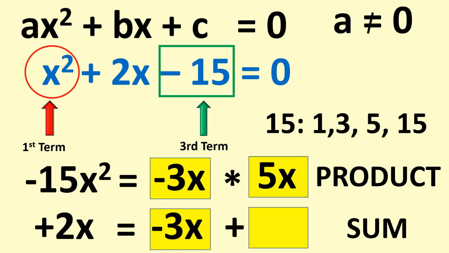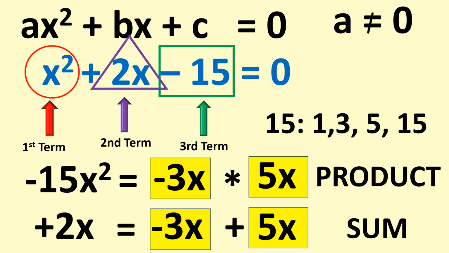And when we also add minus 3x plus 5x, it gives us the second term, which is plus 2x. So the whole objective is to be able to make a substitution for 2x. In this case, our 2x will be substituted with minus 3x plus 5x.